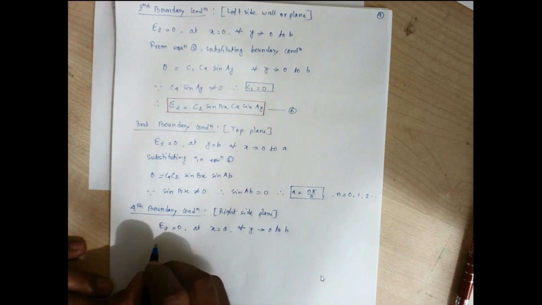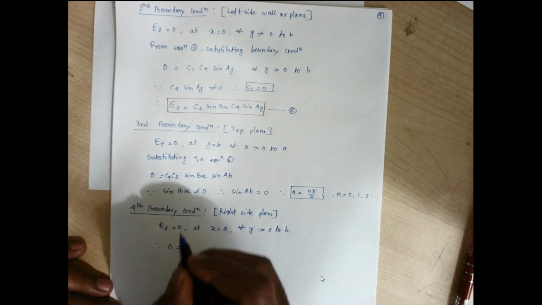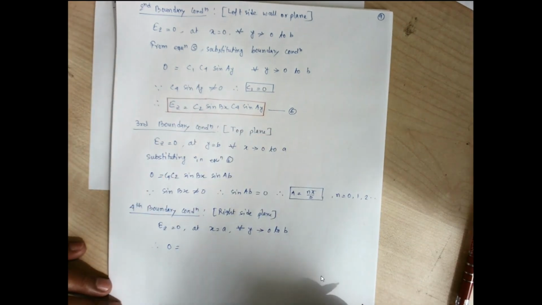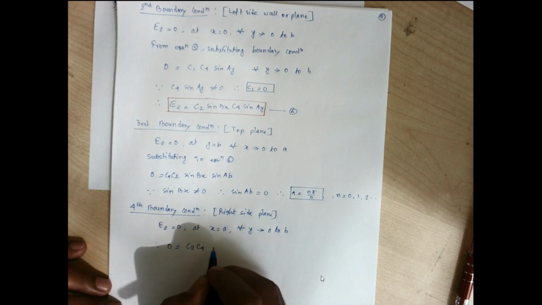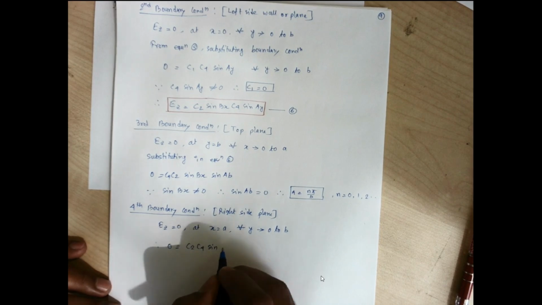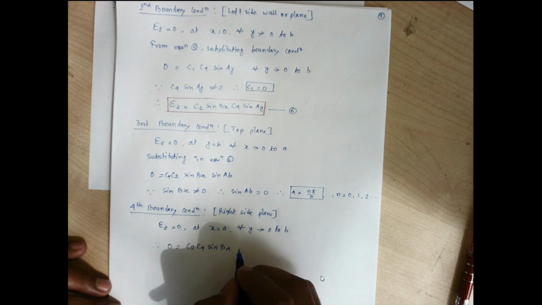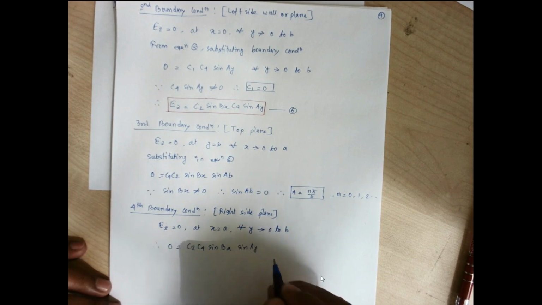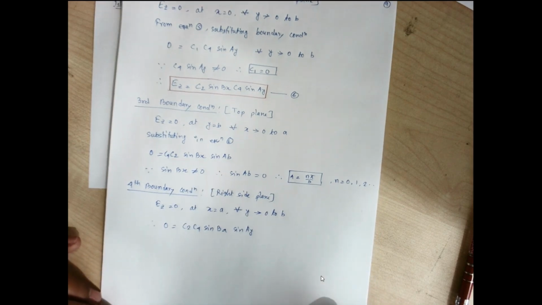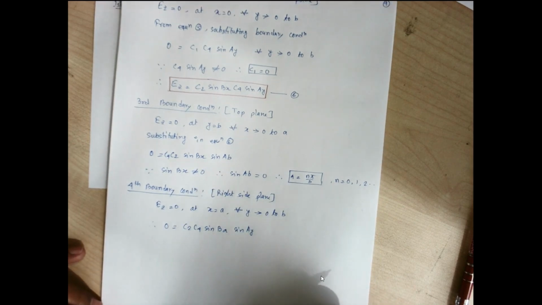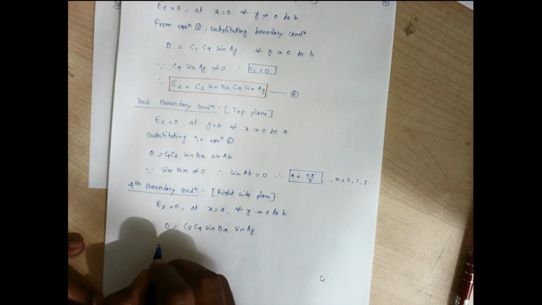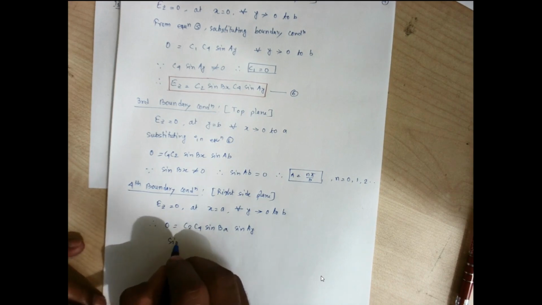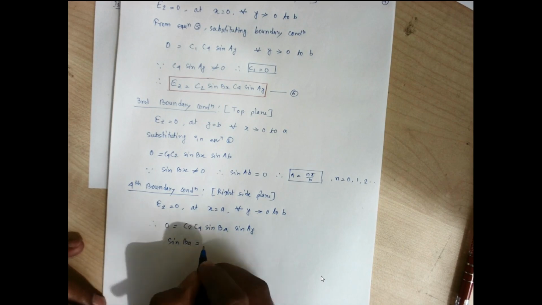Same, therefore 0, from this equation we can write c2 c4 sin ba sin ay. Same, we can go with sin ba is equal to 0.